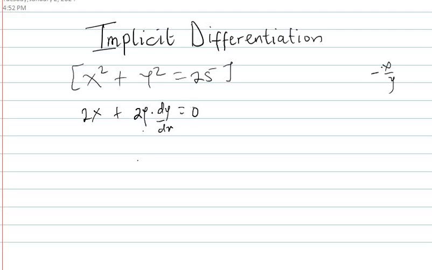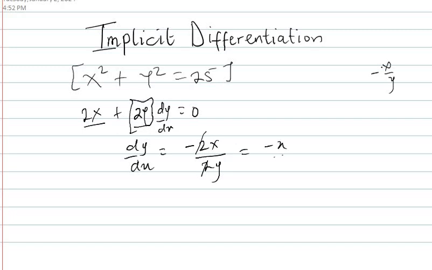To find dy dx, we make it the subject: dy dx is equal to negative 2x, divided by the coefficient of dy dx, which is 2y. The 2 cancels 2, which gives minus x over y.